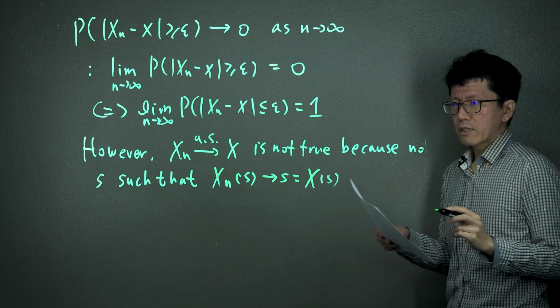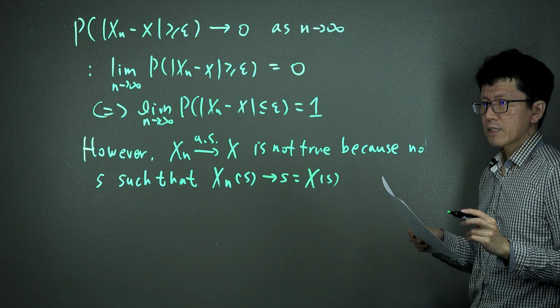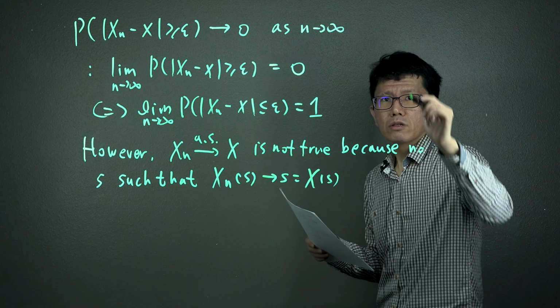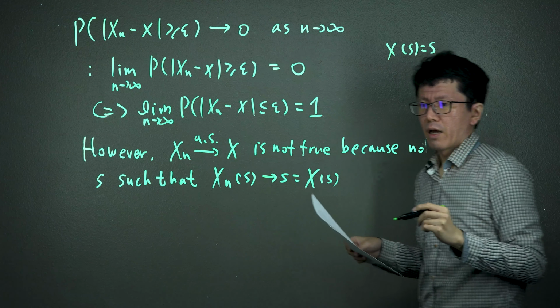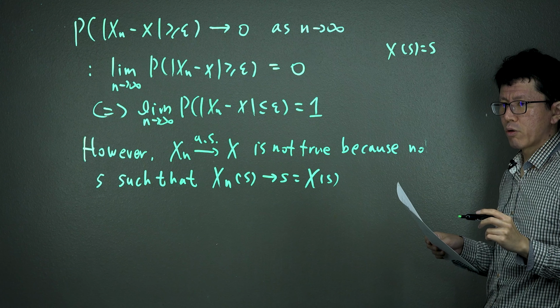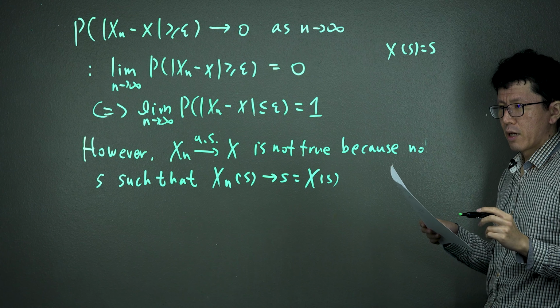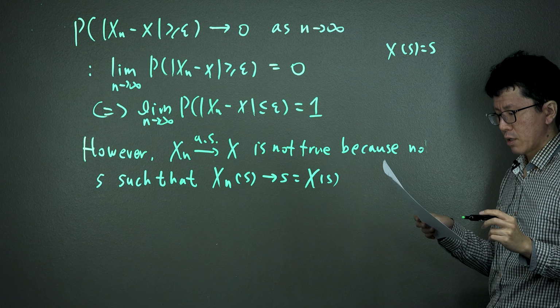Xn does not converge almost surely to X. Here again, X(s) is s, because there is no such s that Xn(s) converges to s, which is X(s).